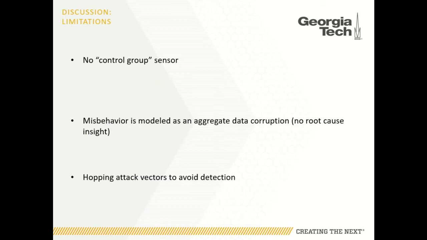The misbehavior is modeled as aggregate data corruption, which means no root cause insight can be determined. Another limitation, I guess a vulnerability within this anomaly detection system, is that if a sophisticated attack were to hop attack vectors, it could successfully avoid detection, or at least it would be much more difficult to detect using this system.